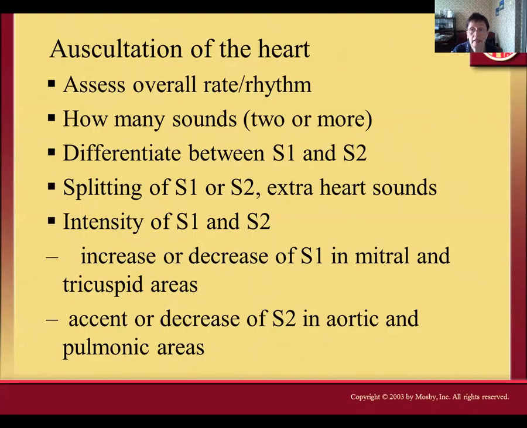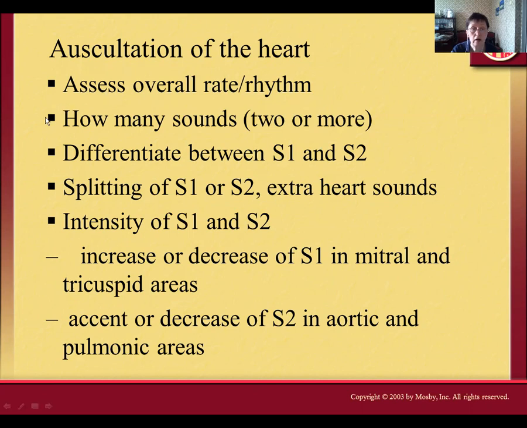So this is the order how to interpret the results of auscultation of the heart. In each point of auscultation, you should analyze what you are hearing according to this order. First of all, you should assess rate and rhythm, if the heart sounds are regular or not, so if your patient has arrhythmia.